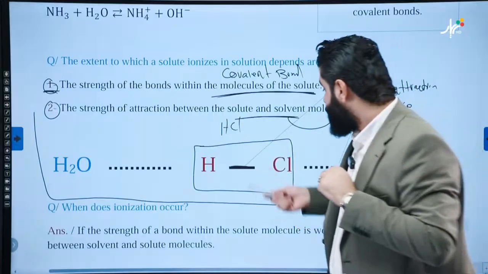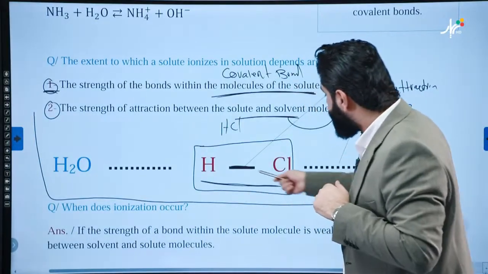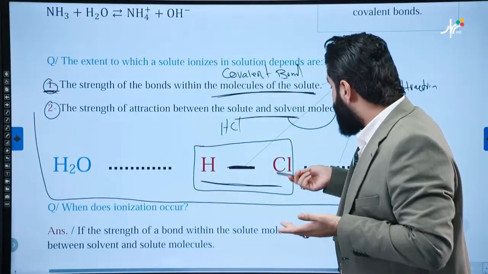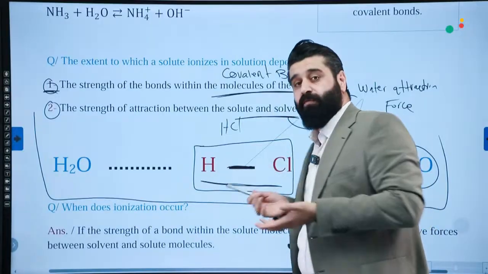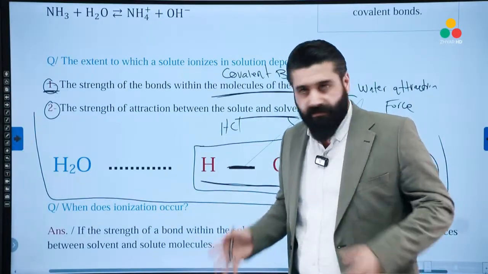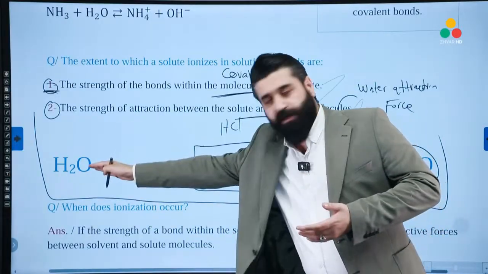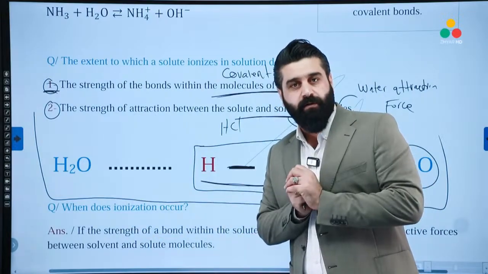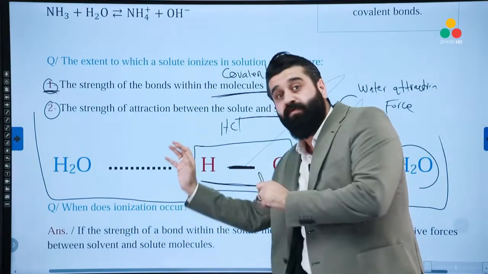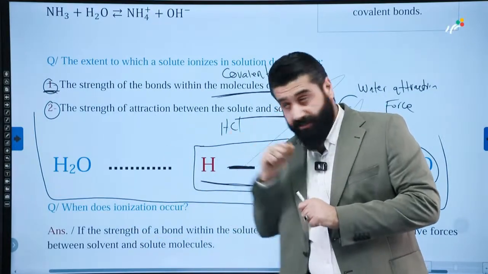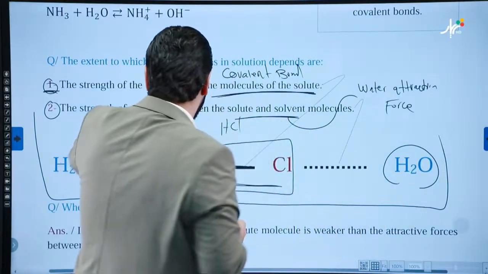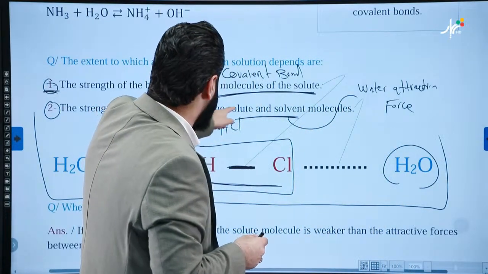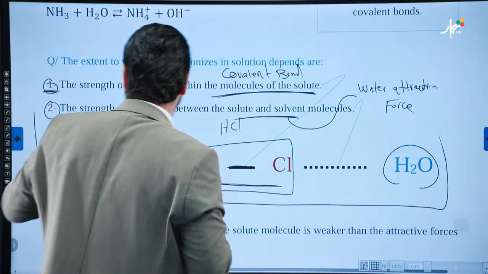Okay, think about this. This is an acid, right? If this bond is strong, then removing hydrogen here will become impossible. We cannot transfer hydrogen to the water molecule to form H3O. But if it's weak, we can easily remove this. Imagine? Good.